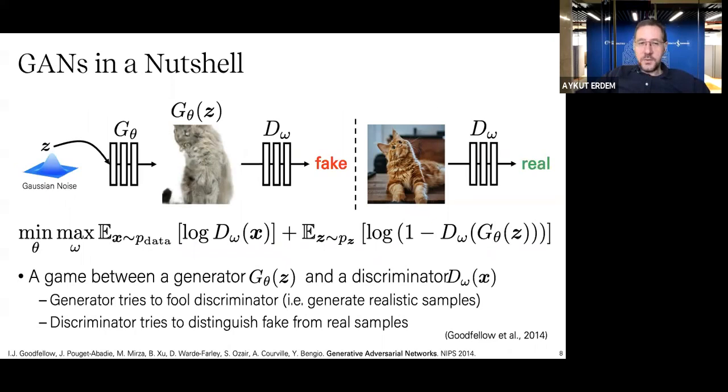The learning process is defined as a game between them. The purpose of the generator is to fool the discriminator by synthesizing realistic samples, whereas the discriminator tries to distinguish fake samples from the real ones.